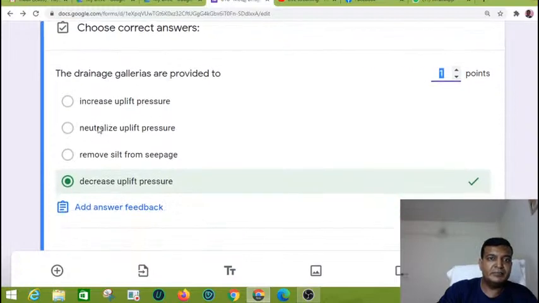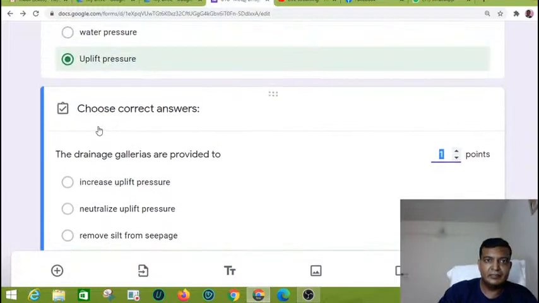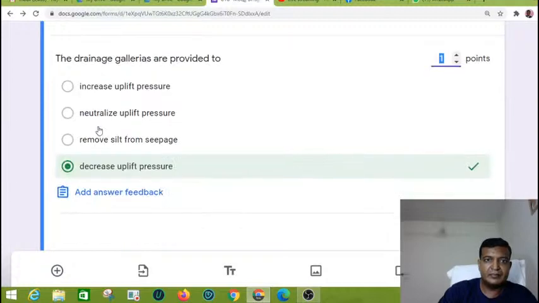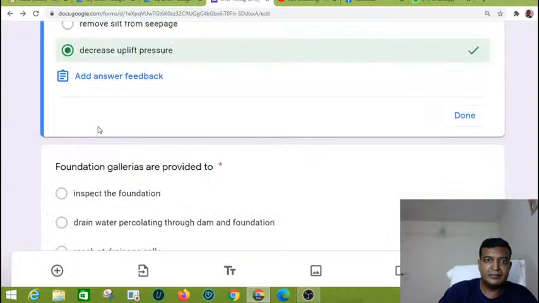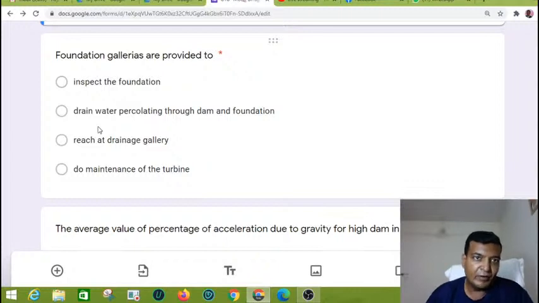Next objective is foundation galleries are provided to inspect the foundation, drain water percolating through the dam and foundation, reach a drainage gallery, and for maintenance of the turbine.